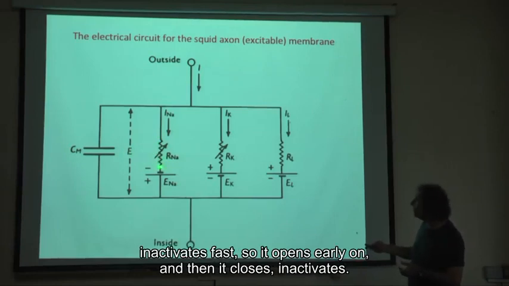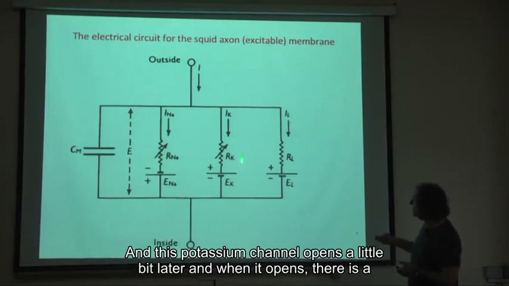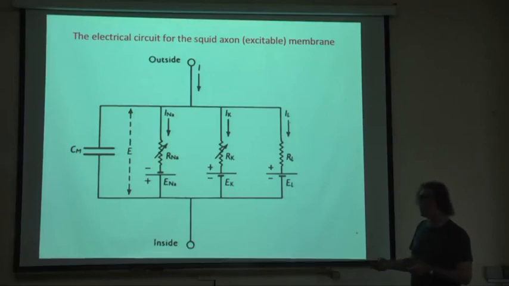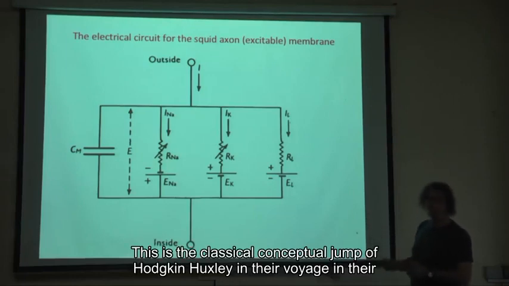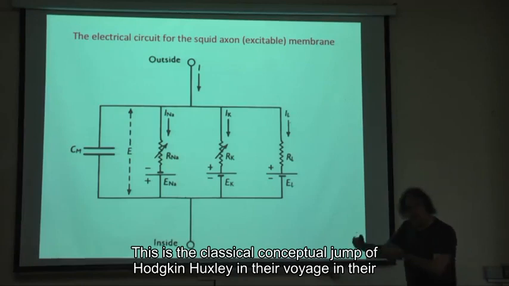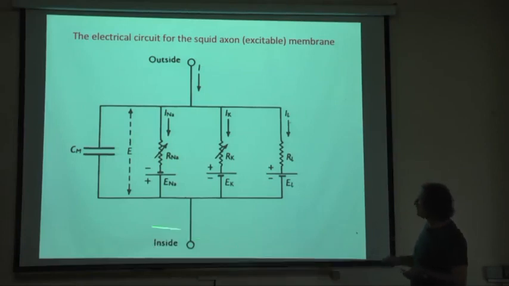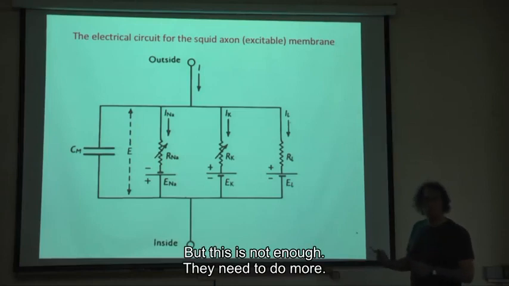So it opens early on, and then it closes, inactivates. And this potassium channel opens a little bit later, and when it opens, there is a current flow from the inside to the outside. This is the classical conceptual jump of Hodgkin-Huxley in their journey to understand the action potential, drawing this circuit. But this is not enough. They need to do more.